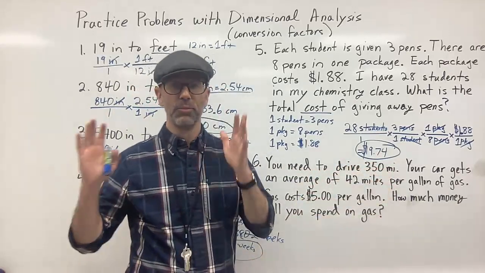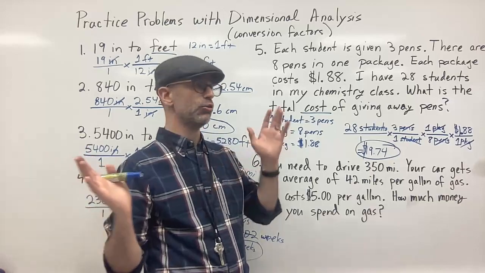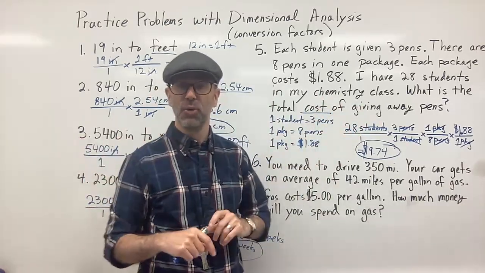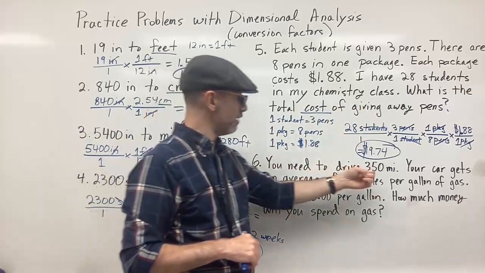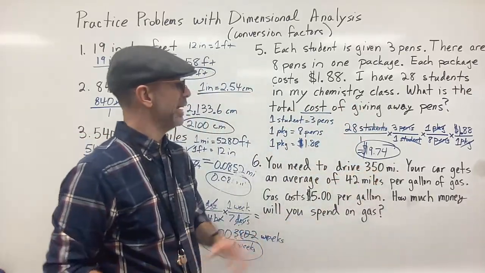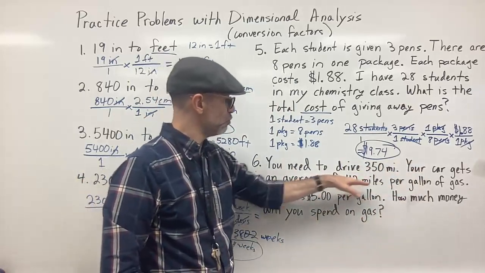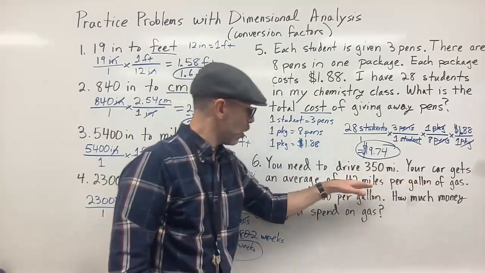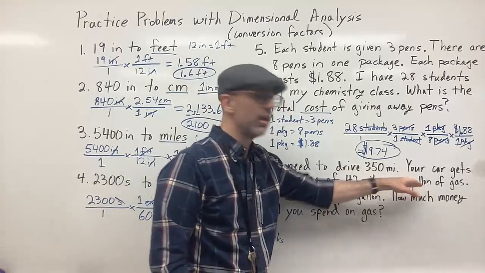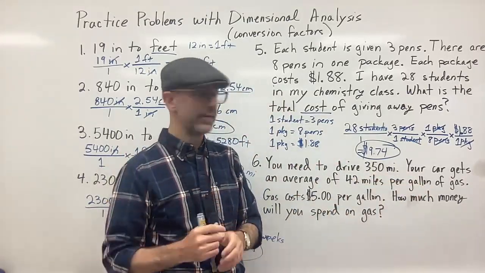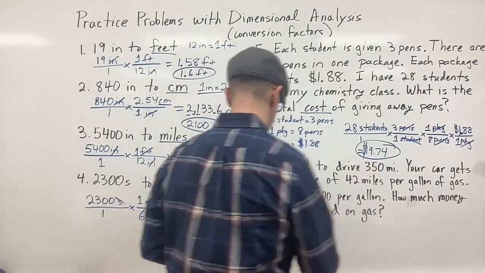So maybe we're going from San Ramon to LA or whatever other places you want to go. Whatever it is, you want to drive 350 miles, your car gets an average of 42 miles per gallon. Notice the miles per gallon, that's a relationship. You're relating miles to gallons of gasoline. So we'll write that down.